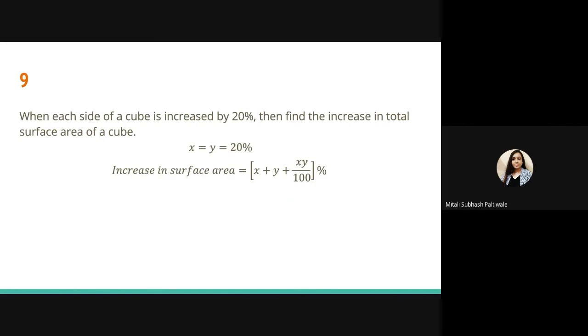Now x plus y, again 20 plus 20 plus 400 by 100. Okay, that has to be there. After putting in the values, I'll get 40 plus 400 by 100, which is nothing but 44, because the zeros will get cancelled out.